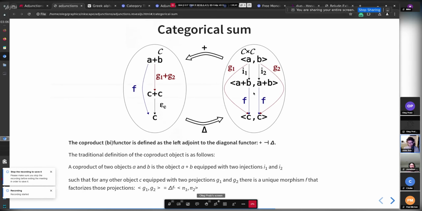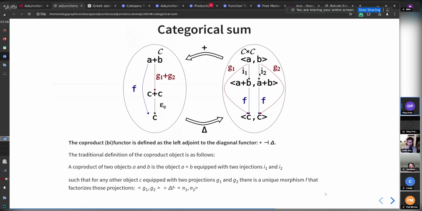All right, we're back. So if you remember the traditional definition, we are looking for an object in C with two injections, and two morphisms of C means a morphism in C cross C, right?